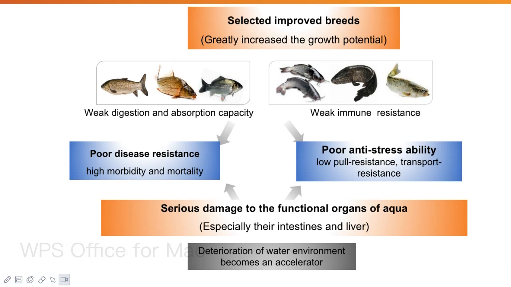The deterioration of the water environment further affects the health of the functional organs of aqua. And there is a saying in China in aquaculture, we say that good farming of aqua is to farm the intestine, liver, and pancreas of aqua. So this reflects the importance of health of liver, pancreas, and intestine to the overall physical health of aqua.